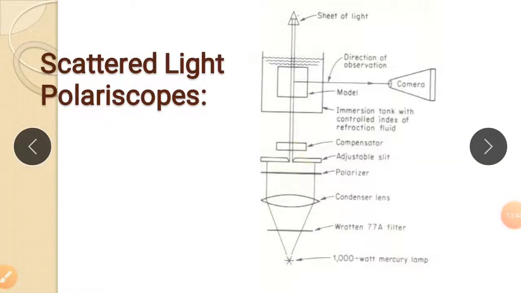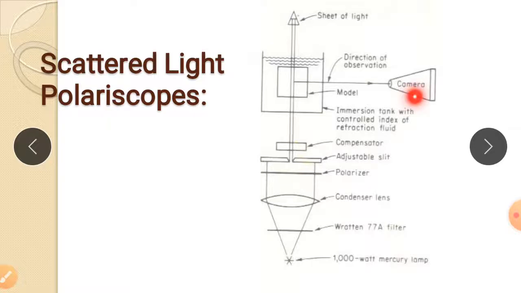You have to clearly explain the scattering phenomenon in the scattered light polariscope, where the model is mounted, and the uses of the parts present in the scattered light polariscope.